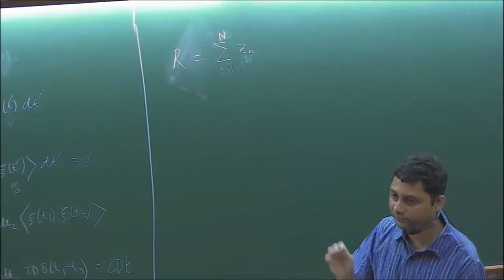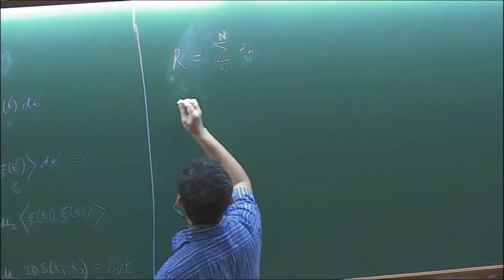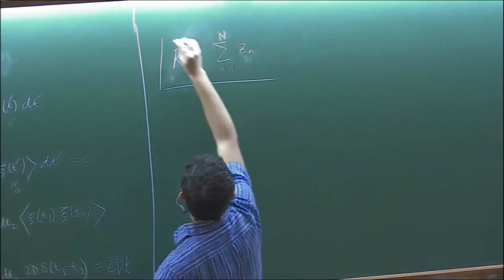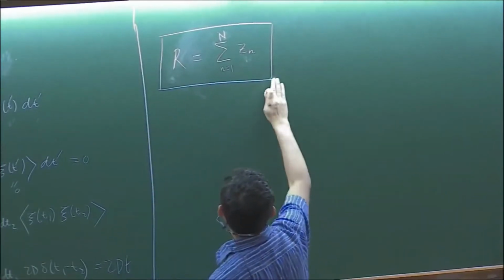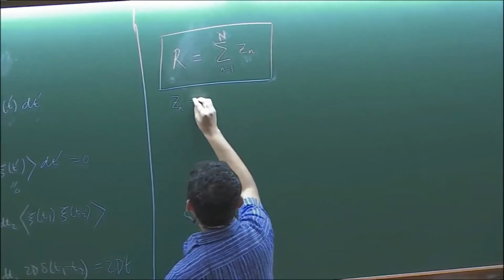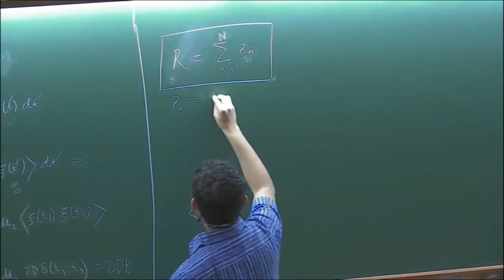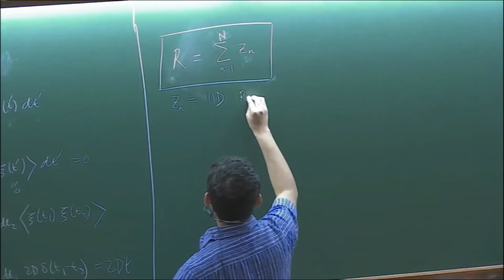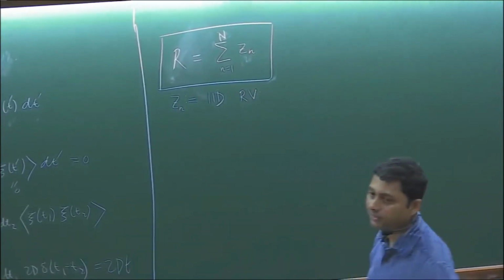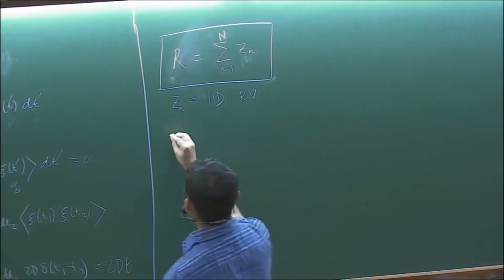So these are IID random variables, independent and identically distributed random variables. Okay, then there is something called the central limit theorem.